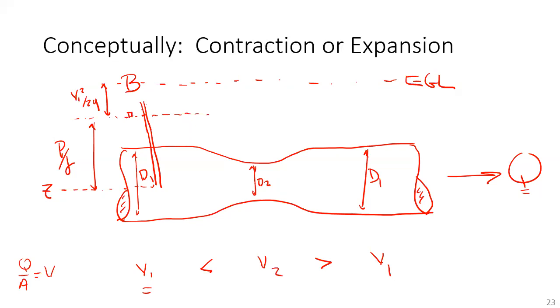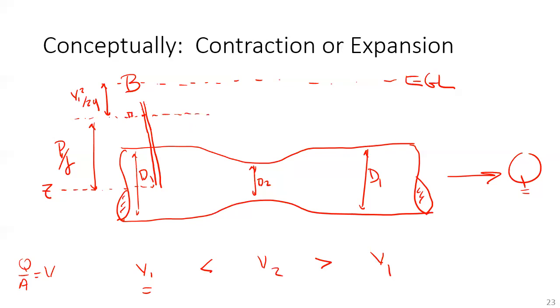This is a horizontal section of pipe. Is there a change in the center line pipe elevation? No, dZ dx is 0. So as I increase V squared over 2G, who paid the price? P over gamma.